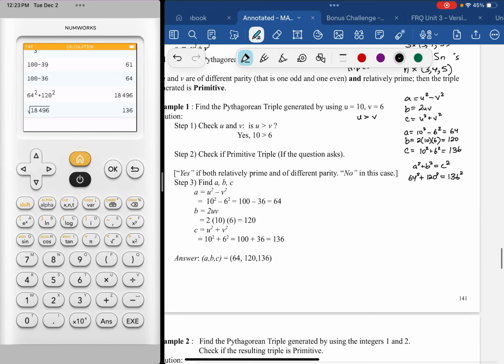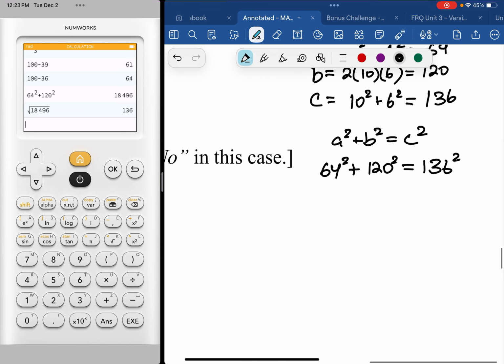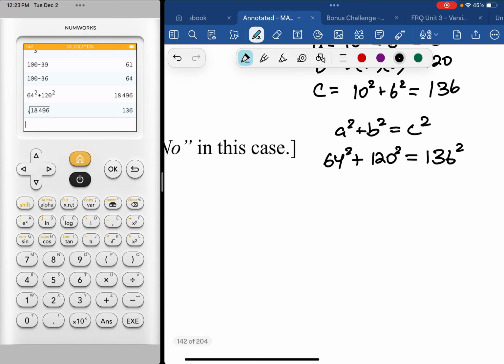In this case, the A and the B values, we would be looking to see if there were a simpler form of this. There really are a couple of ways to do it. One way would be to base it off the U and V values. The other would be to look to see if you could take the numbers and divide them by 2, for example.